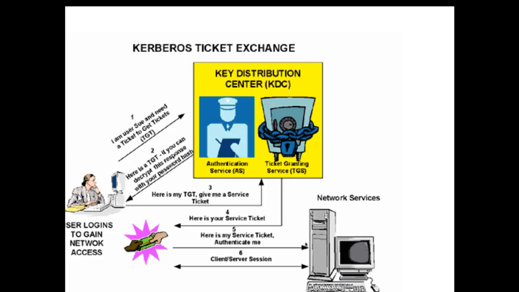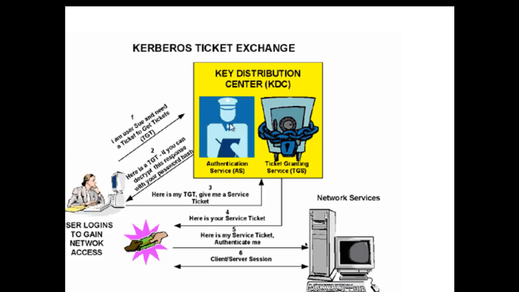And the client will say, I am Sue and I need a ticket to get ticket, known as a TGT. So the client now is asking for permission to get a ticket. The authentication service will check the Active Directory database to see if that user is a valid user.